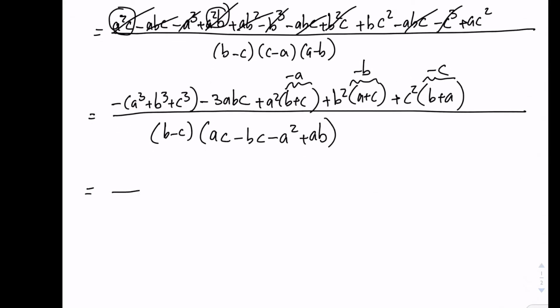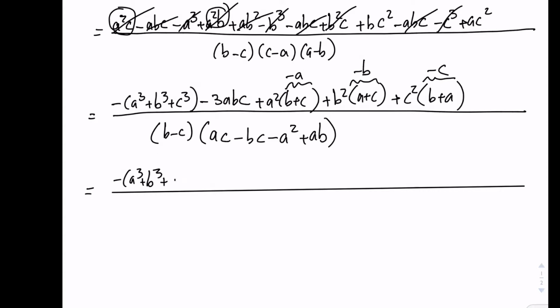Therefore, we can further simplify the numerator to minus A cubed plus B cubed plus C cubed, minus 3ABC, minus A cubed minus B cubed and minus C cubed.